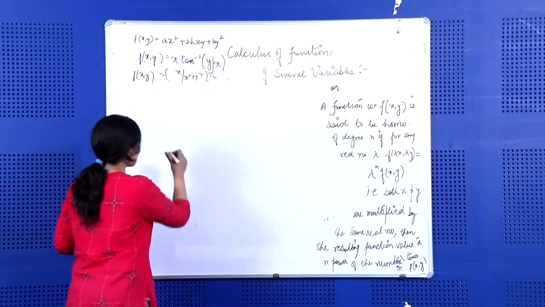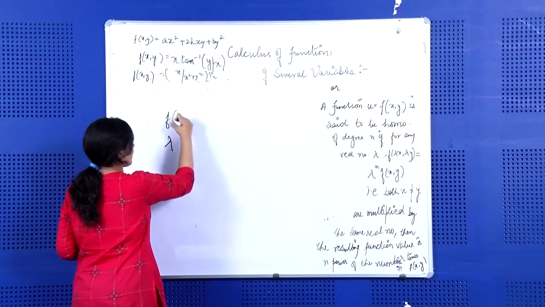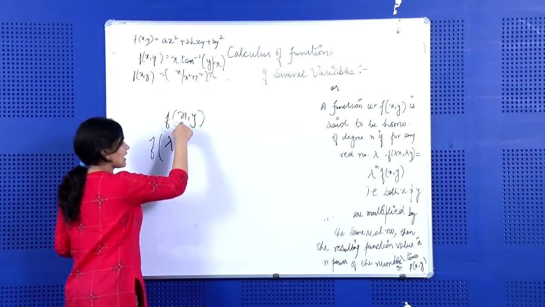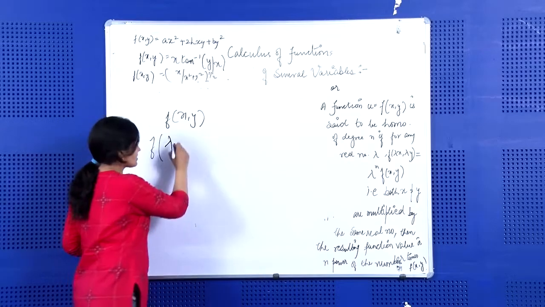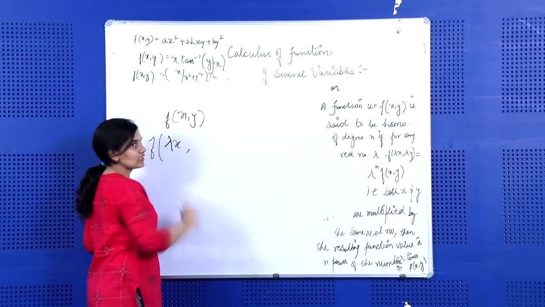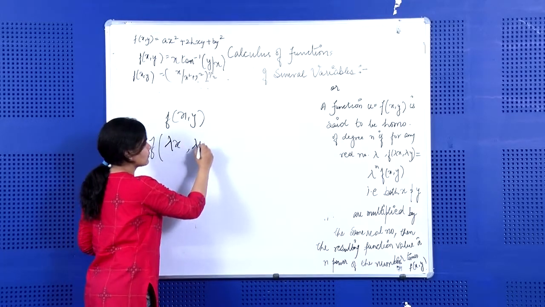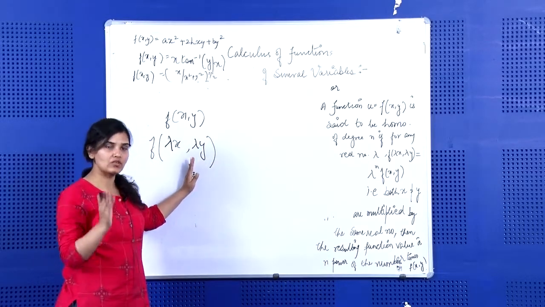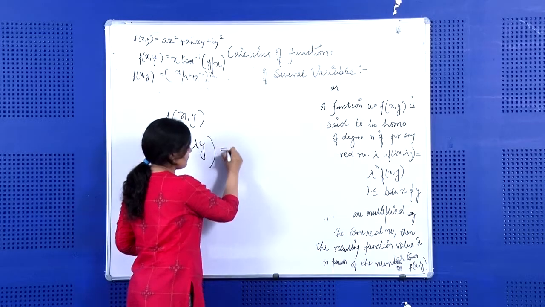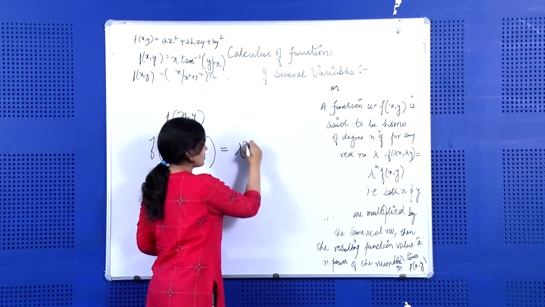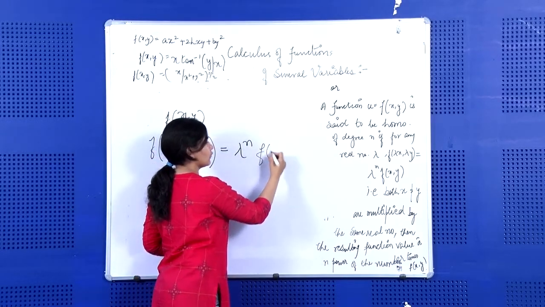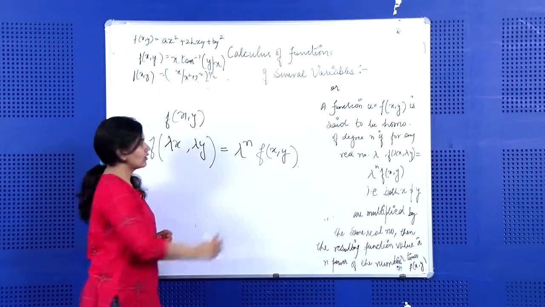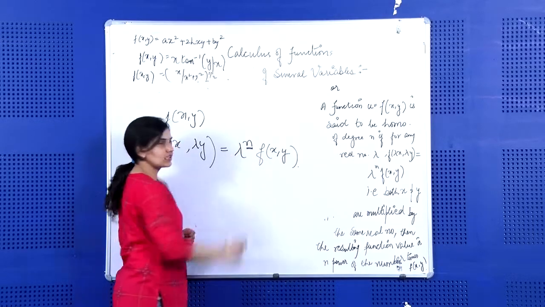The definition says, if I multiply x with any real number lambda, that is lambda x, and y with any real number lambda, that is lambda y, and on multiplying x and y with the real number lambda, we get lambda power n with f of x y, then it is homogeneous of degree n.